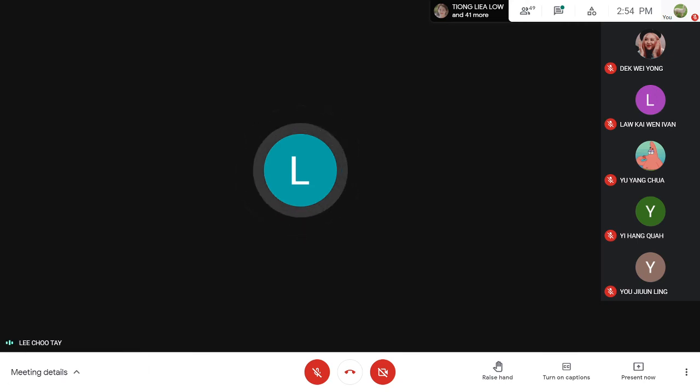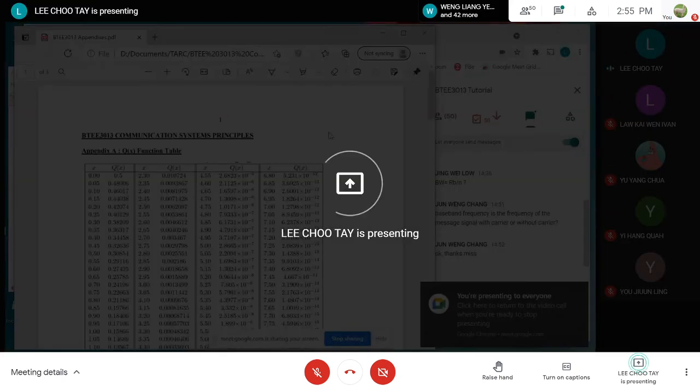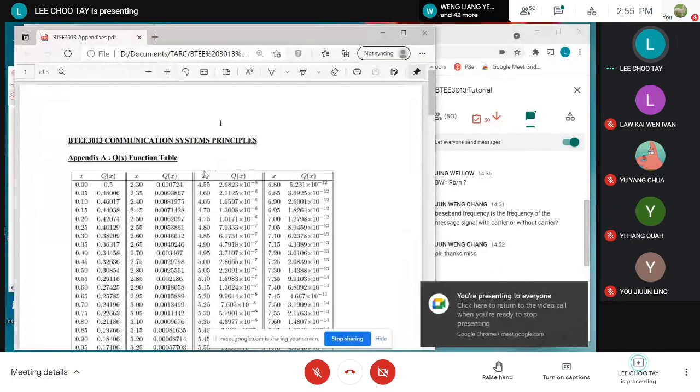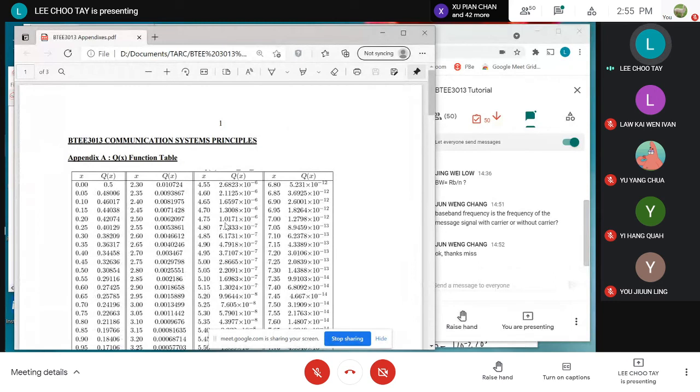Referring to the Q function table, this is about 1 times 10 to the power of minus 6, so that's why I take 4.75.